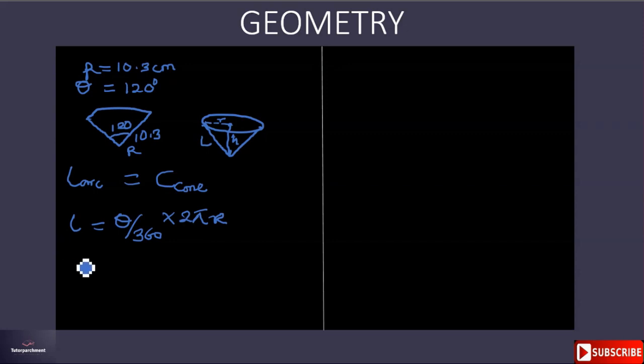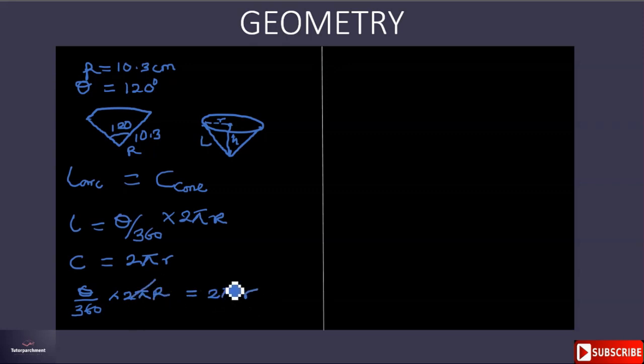What's the circumference of the circle? 2 pi small r. Since they are equal, we can say that theta over 360 multiplied by 2 pi big R is equal to 2 pi small r.